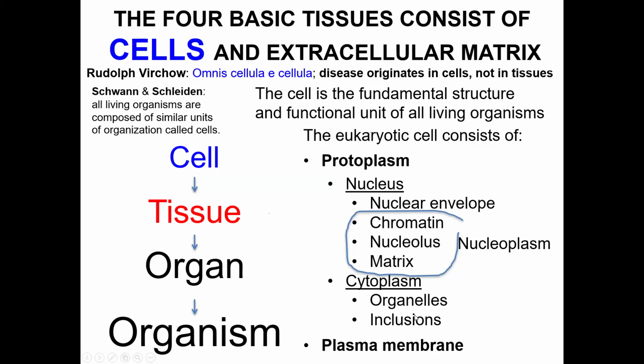The cytoplasm contains the organelles and also some structures that are not bounded by membrane, called inclusions. The nucleus is bounded by the nuclear envelope and contains the nucleoplasm that consists of chromatin, the DNA, the nucleolus, and the matrix.